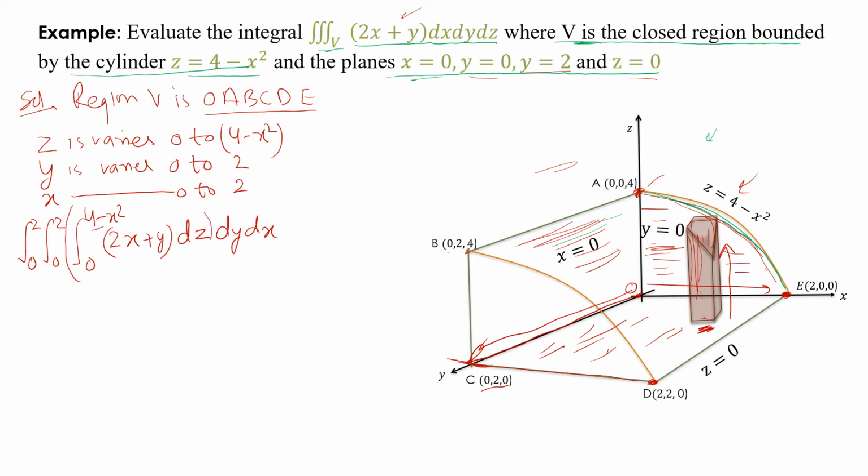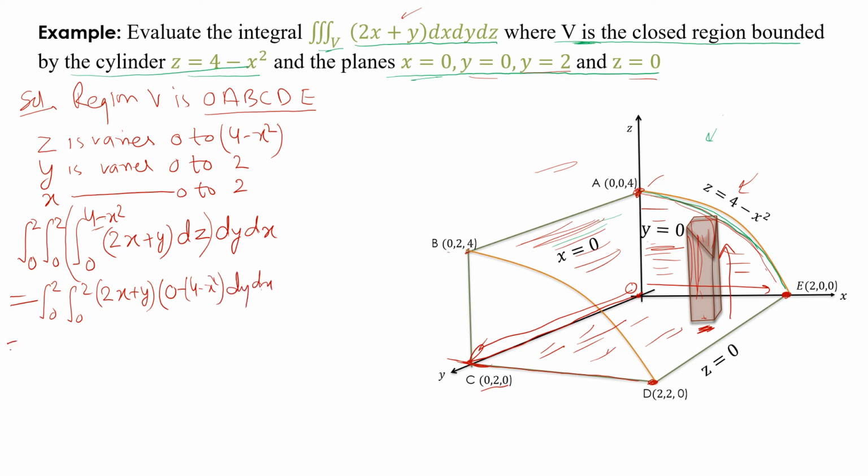When you integrate with respect to z, treating x and y as constants, we get only z. Apply the limit 0 to 4 minus x square, so you write (2x + y)(4 minus x square) dy dx.